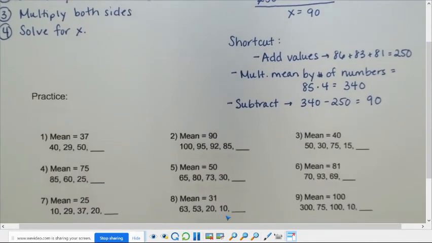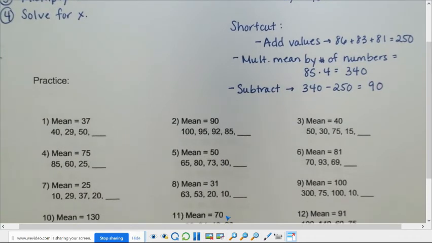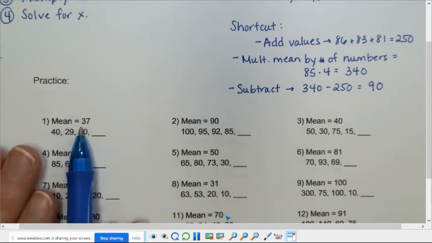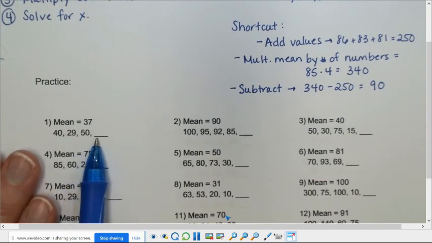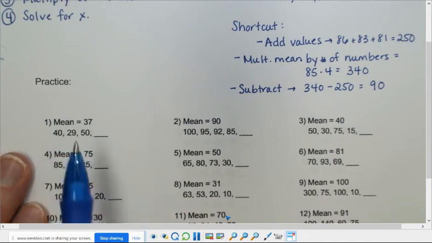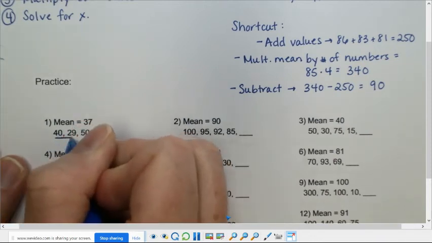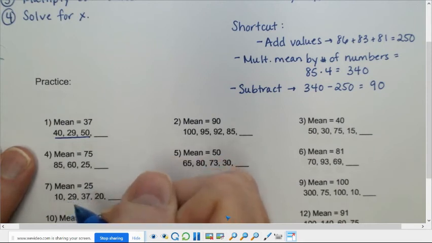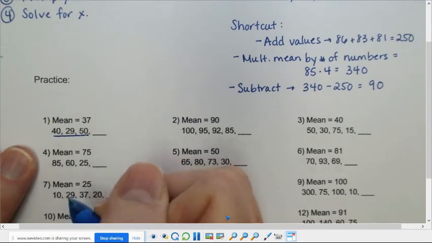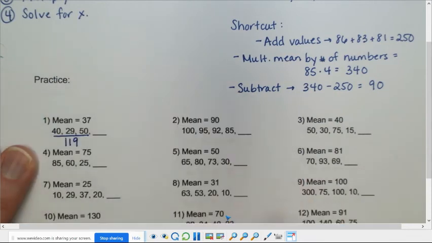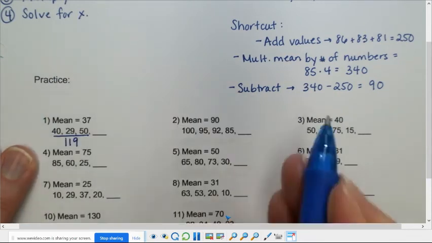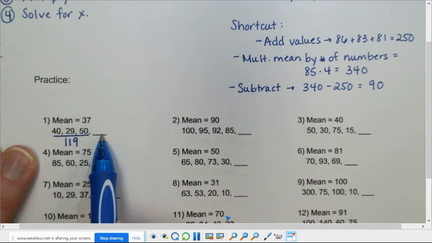Now let's look at some examples. We'll look at a few of these. Here I'm given a mean of 37, and I'm given 3 data points, and I'm missing that 4th data point. The first thing I'm going to do is add these 3 numbers together. When I add 40 plus 29 plus 50, I get 119. Then I look at how many data points I have. I have 4.